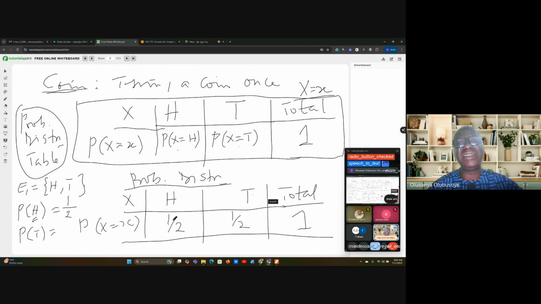That is the second thing. The third thing is that the sum of all the probability values must be equal to 1. If that is captured in the table, then that table is a probability distribution table.